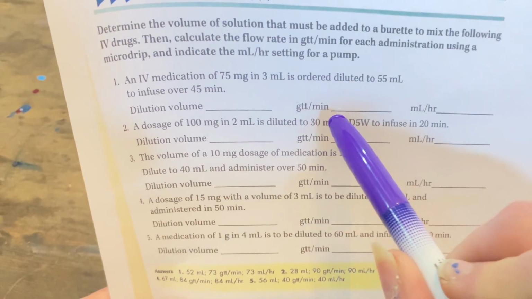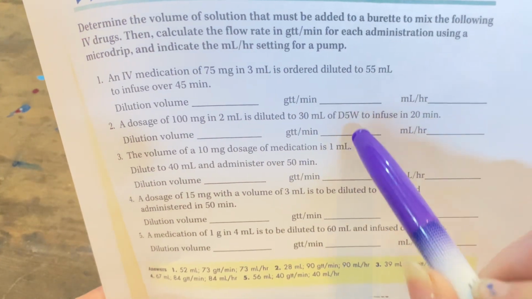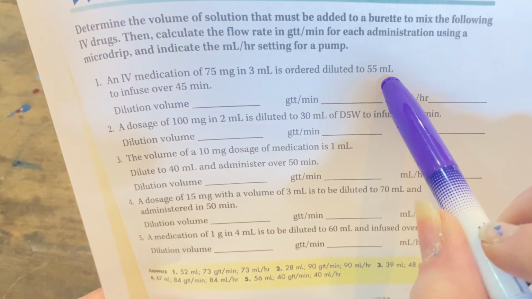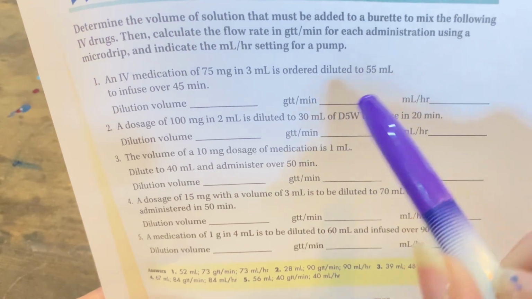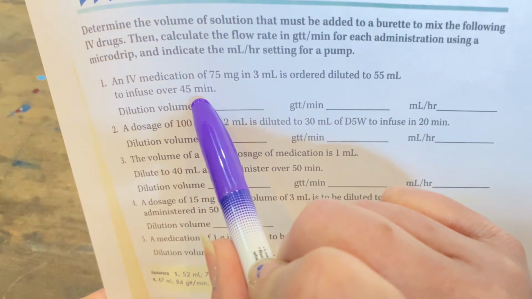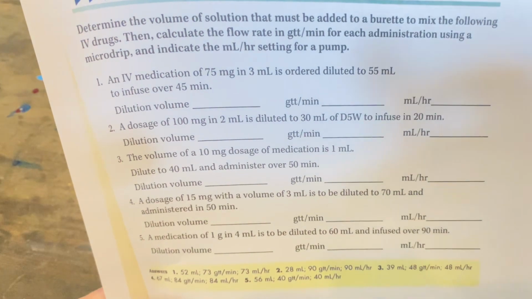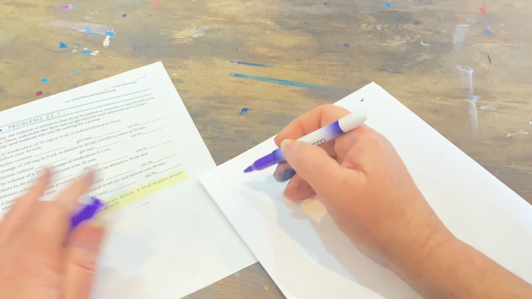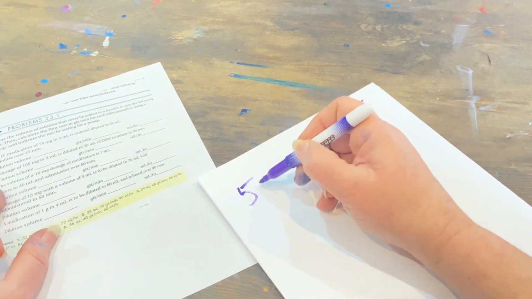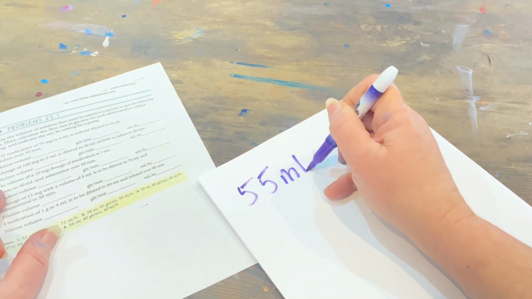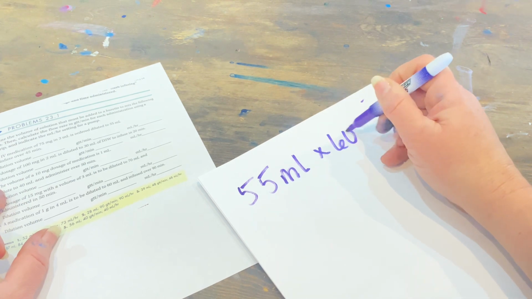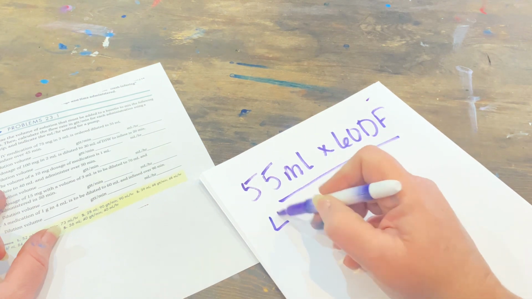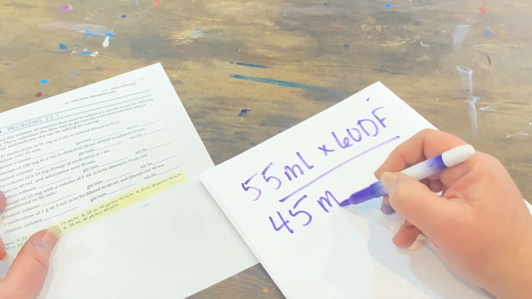And then they want to know the drops per minute. So you have 55 milliliters with a 60 drop tubing going in over 45 minutes. So we're going to set up our equation. So it's 55 milliliters times a 60 drop factor divided by 45 minutes.